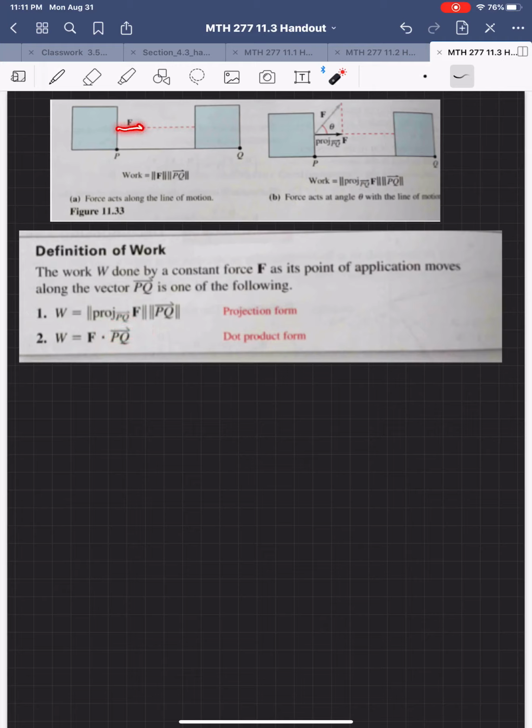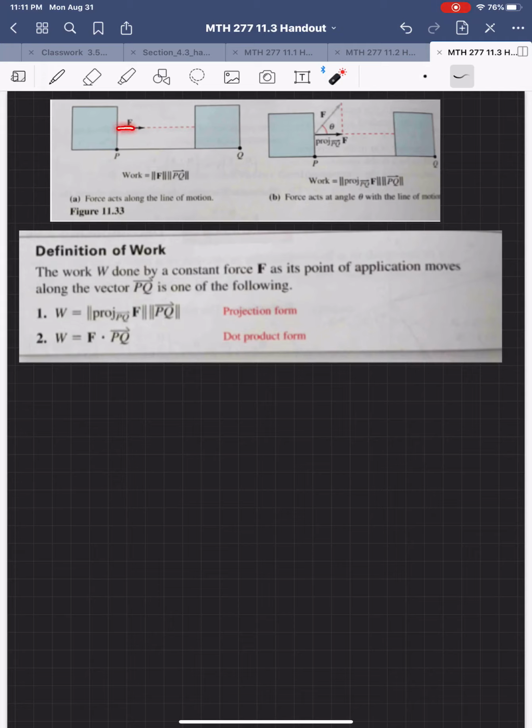And the F in this case is just the force that was used along that line of motion. So you could think about work as force multiplied by distance. And I like that definition, force multiplied by distance. But again, that assumes something.